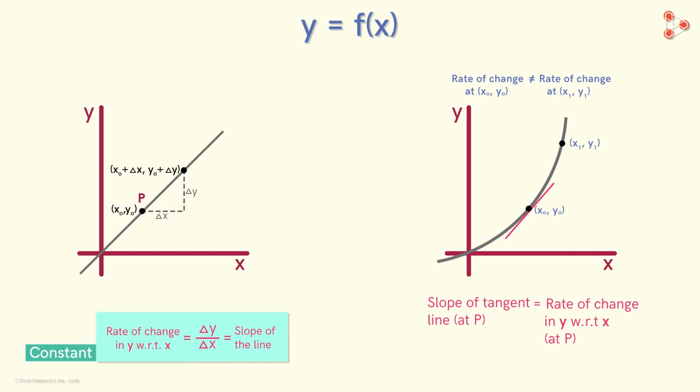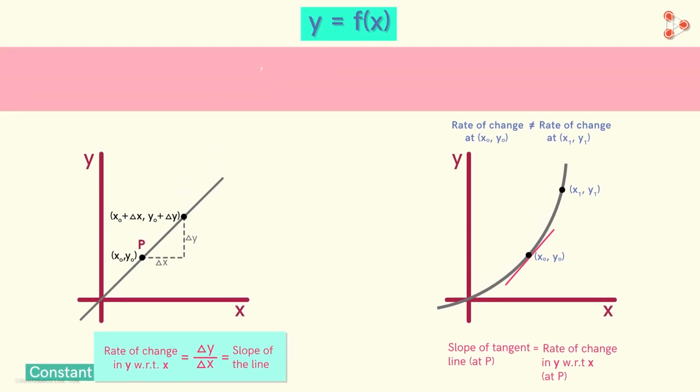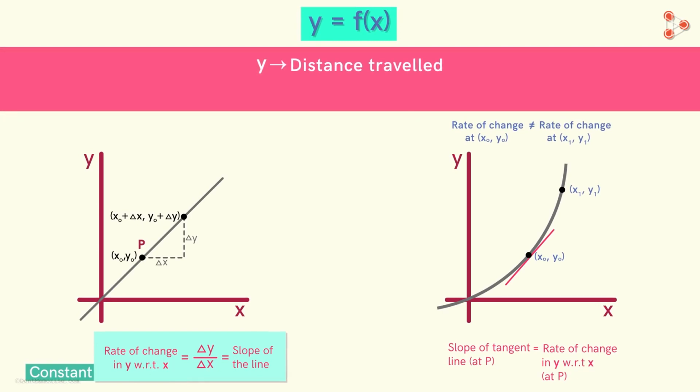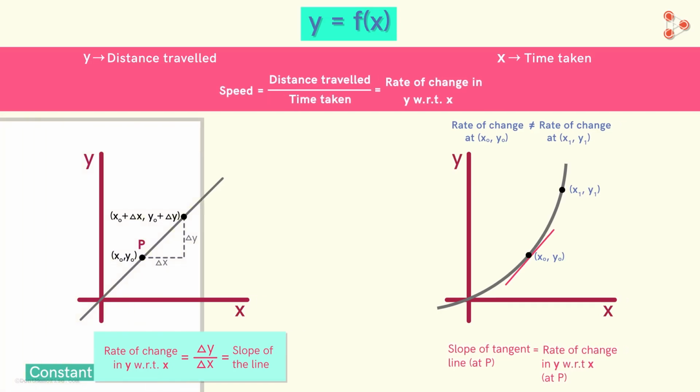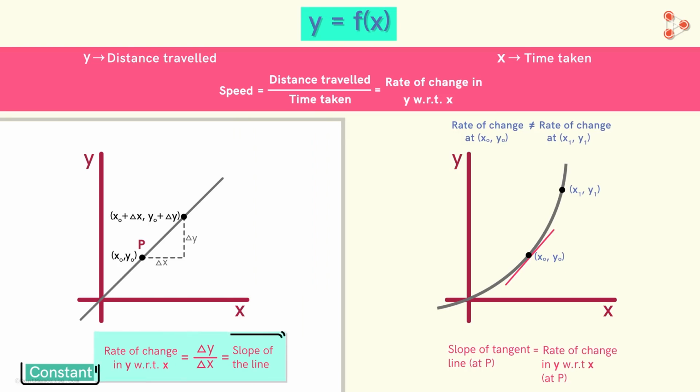Now let's look at an example to understand this. Let's say in this function, y is the distance traveled by an object in motion, and x is the time taken for the distance traveled. Then the rate of change in y with respect to x will be equal to the speed of the object. In the first case, we know that the rate of change is constant.